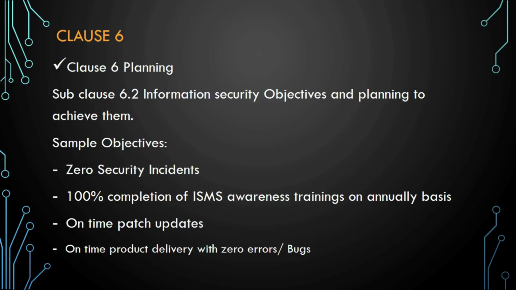This is one of the important clauses in the information security management standard. It talks about risk assessment and risk treatment, and how you are going to plan those things in your organization. We will discuss those in detail in this video. As I mentioned in my earlier videos, it's more like the PDCA part: plan, do, check, act.